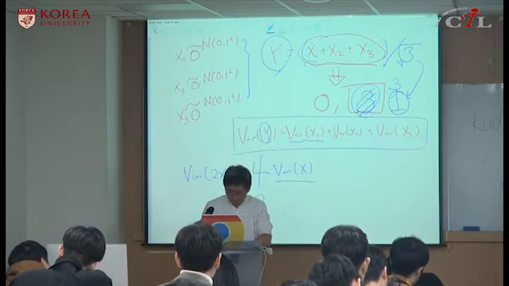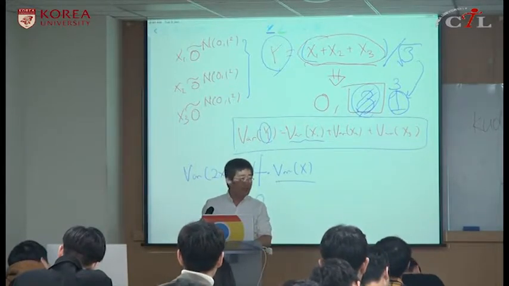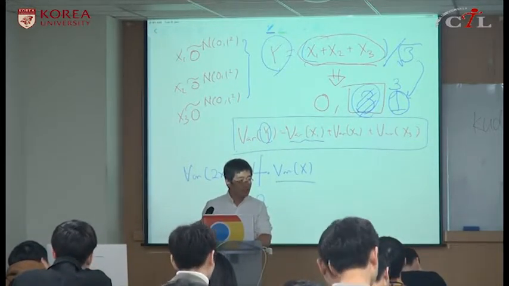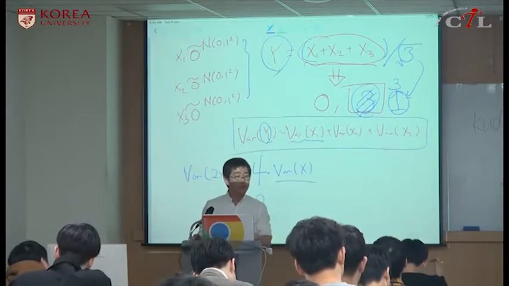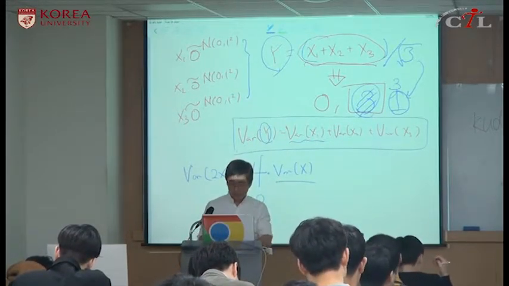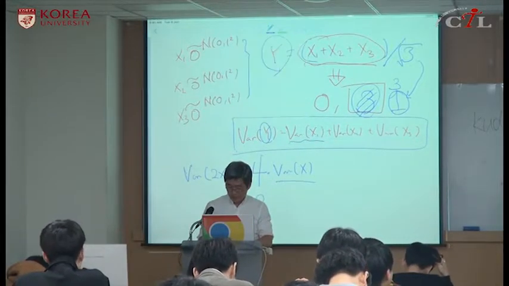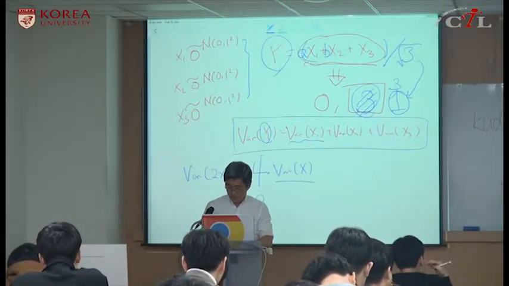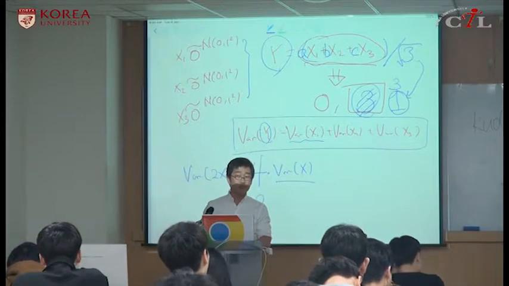Okay, so now in the case of Xavier initialization, we don't just consider this simple sum of these 3 input nodes. We actually consider a linear combination of these 3 input nodes, right?